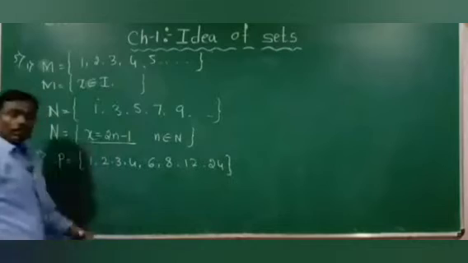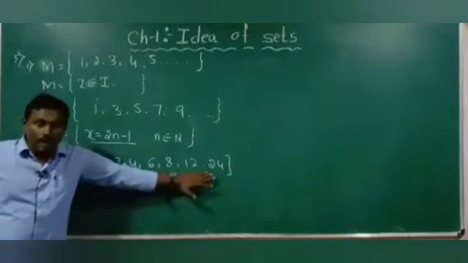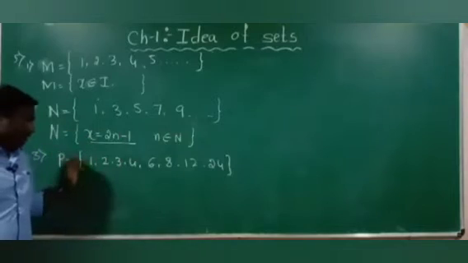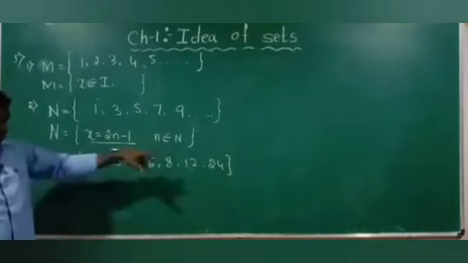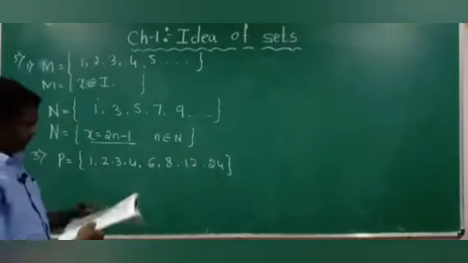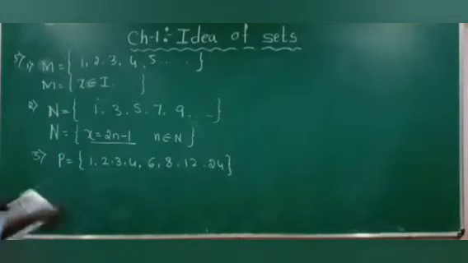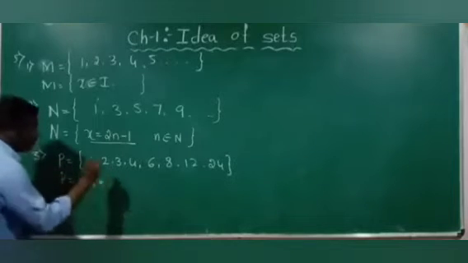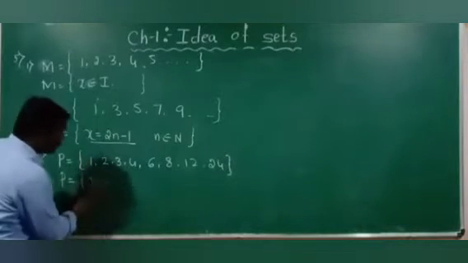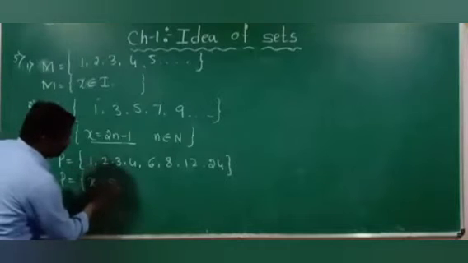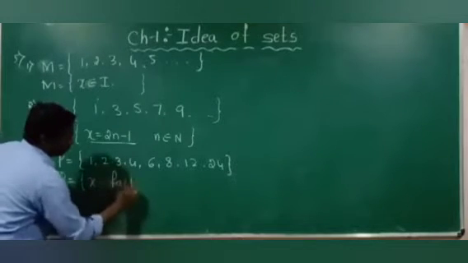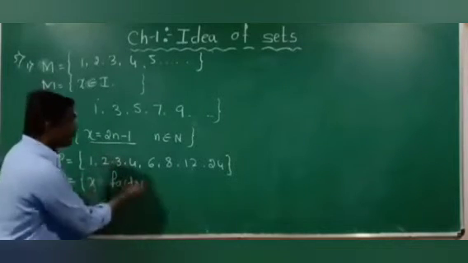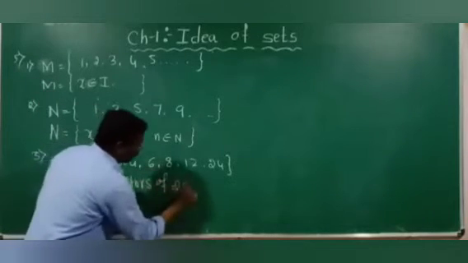So all these elements divide 24 without leaving any remainder. That's why these are all considered factors of 24. Now the same set represented in rule method: x is equal to x is a factor of 24, where x is one of the elements. Those elements are nothing but the factors of 24.